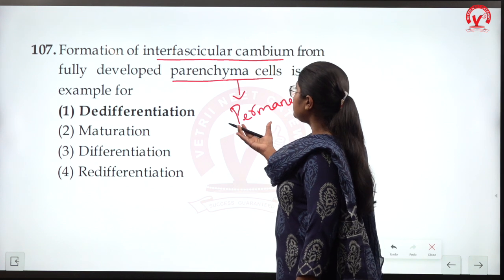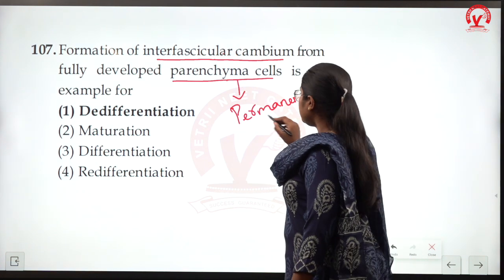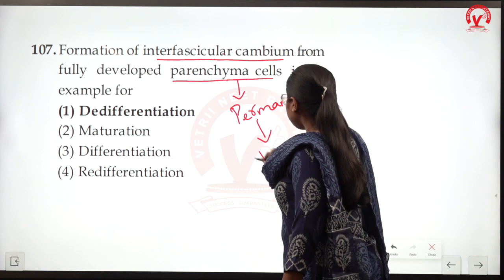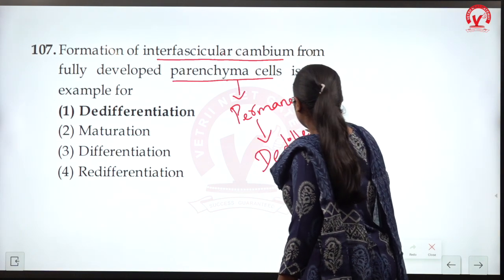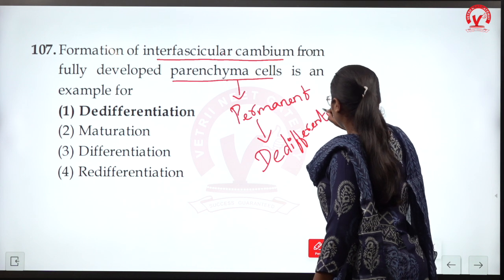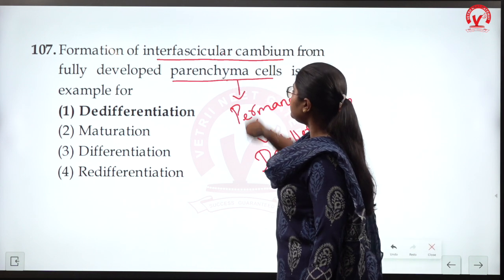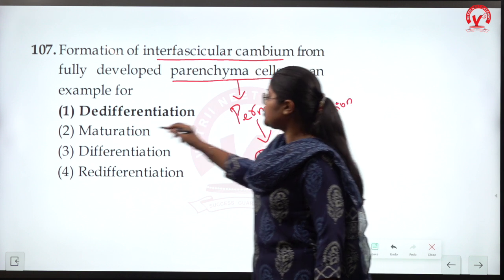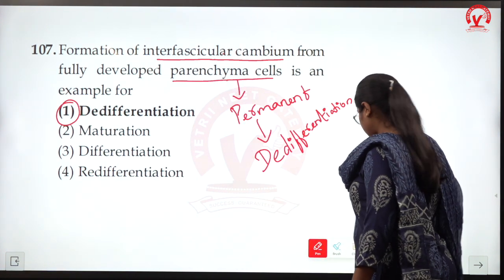In the permanent cells லந்து form ஆகிறதா interfascicular cambium which is formed by the de-differentiation. So interfascicular cambium is formed from the de-differentiation of permanent, that is parenchyma cells.